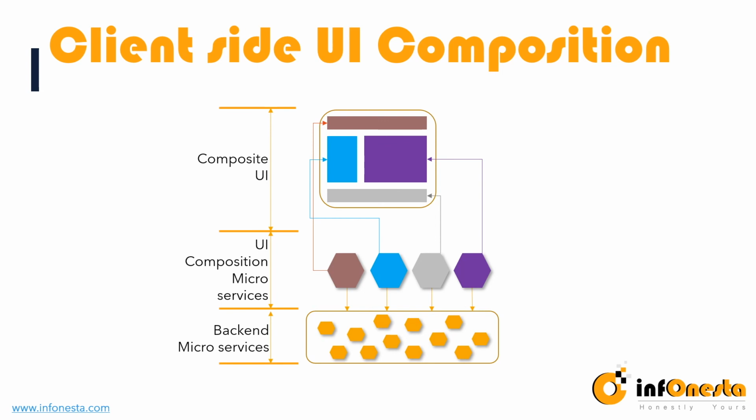These UI composition services will act as aggregators for providing inputs to each UI component separately. The implementation of each UI component can be performed by different teams. These are called micro frontends. Here, we are achieving isolation at the front-end level.